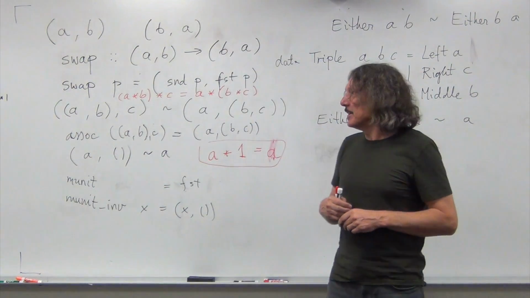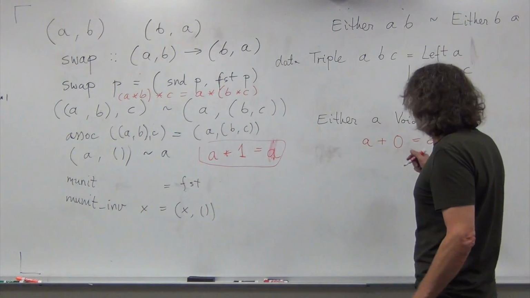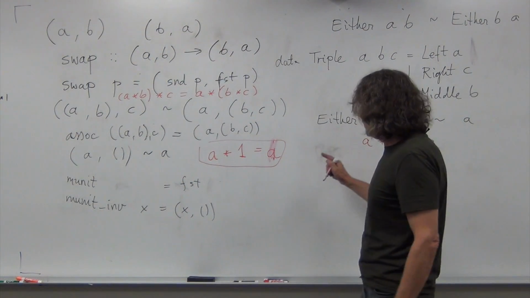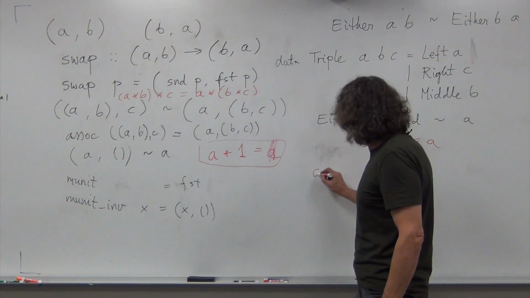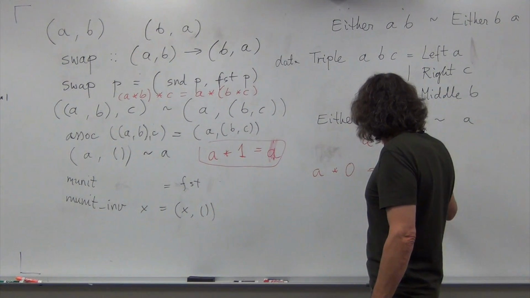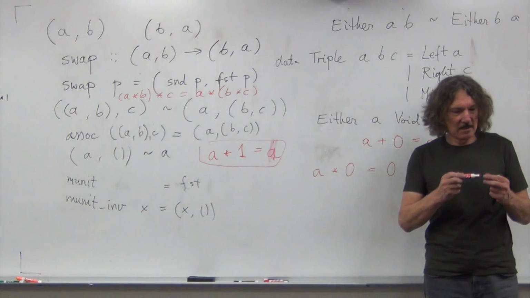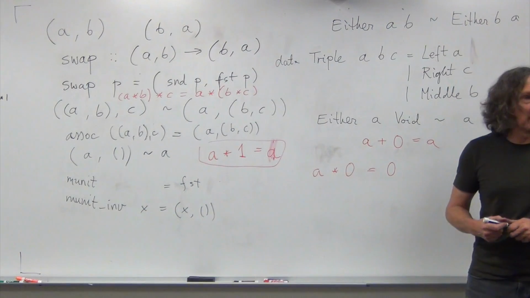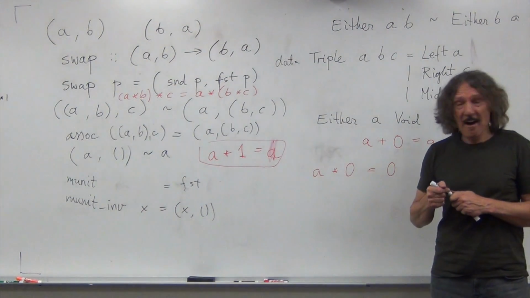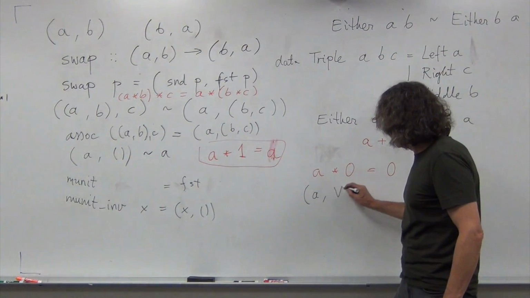Well, for instance, from algebra, we know that we can multiply by zero. We have this thing, A times 0 equals 0. Is this true? Okay, 0 is Void. Times means product, pair. So, a pair of A and Void.